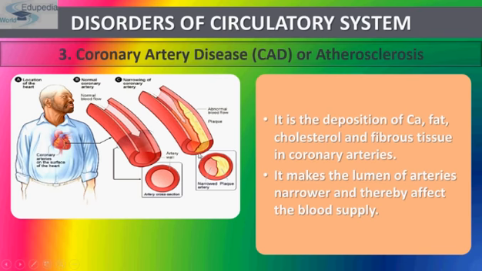Okay, so this is known as plaque, and thus it causes the narrowing of the coronary arteries, which results in reduced blood flow to the heart. This results in coronary heart disease, a condition in which heart muscle, or myocardium, the heart muscles, are damaged due to the inadequate supply of blood.